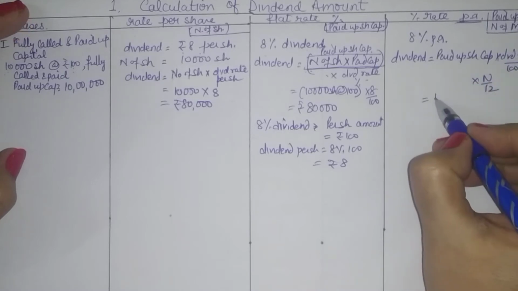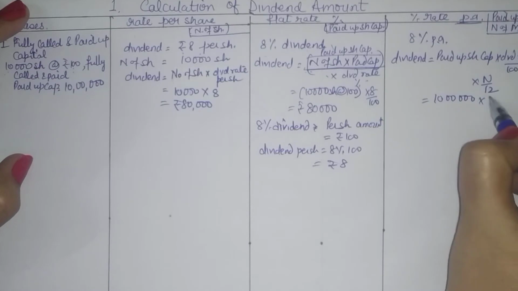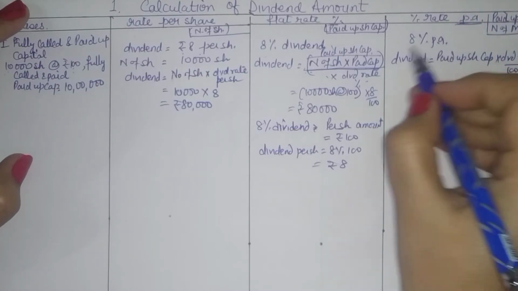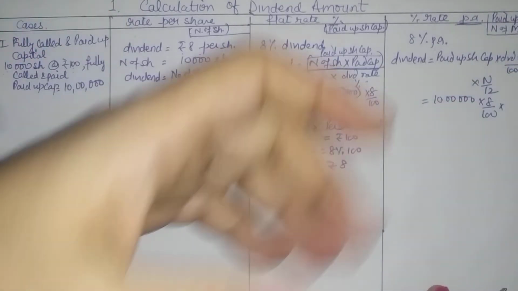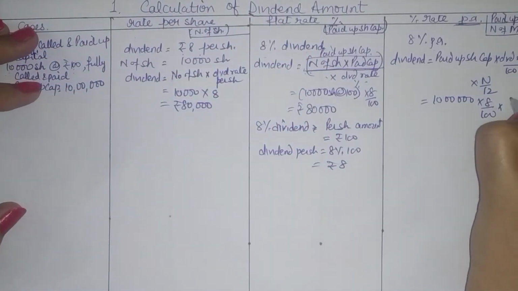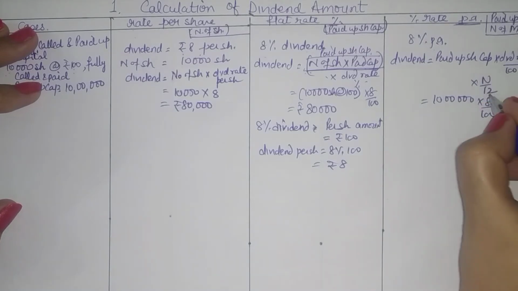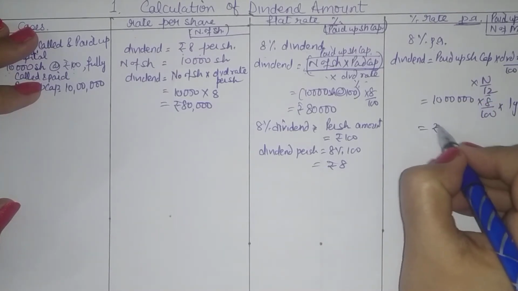Now paid up share capital is 10 lakh as we have done in this case. Rate is 8%, and since this is dividend being declared, we can say at the end of the year, so whole year has passed, so the amount will be taken for the whole year, that is 12 by 12. So it doesn't matter here.